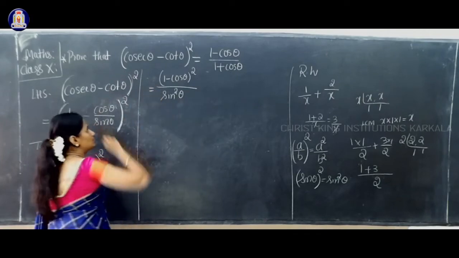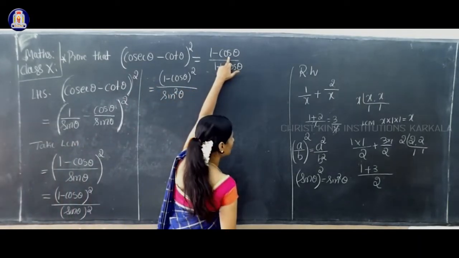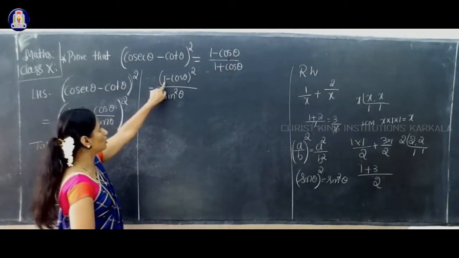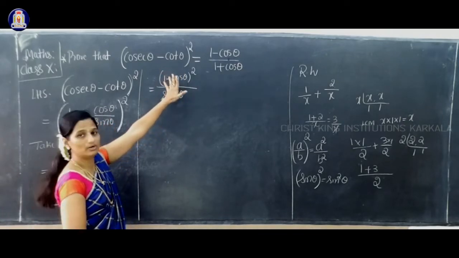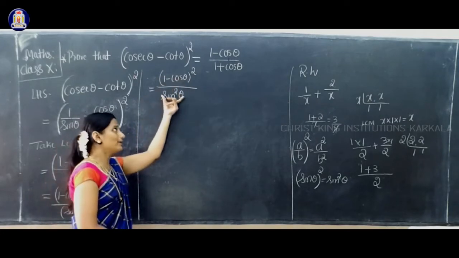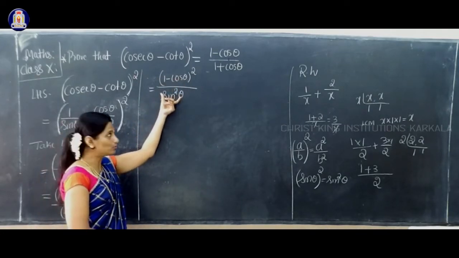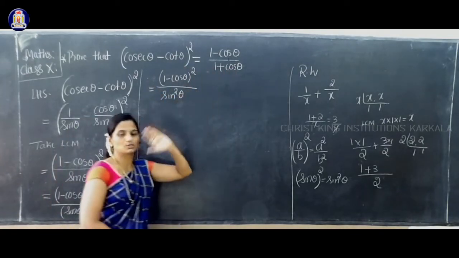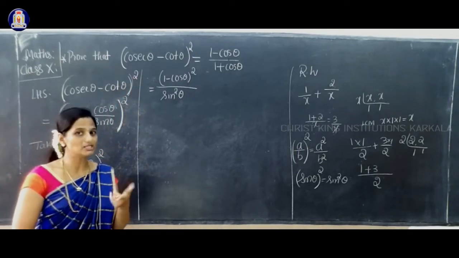So now next, see the answer. The answer we need has 1 minus cos theta and 1 plus cos theta. So here I got 1 minus cos theta whole square. Now don't bother about that whole square. I got 1 minus cos theta, but the denominator is sin square. I don't want the sin square. How to change that sin square in terms of cos? What is the relation between sin square and cos? So what is your identity?